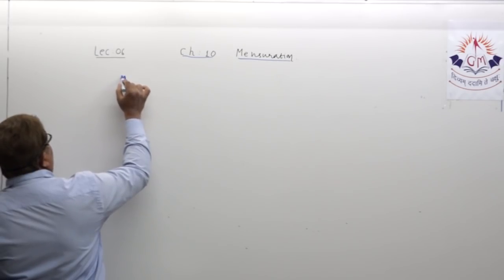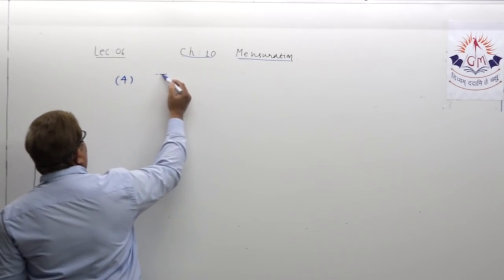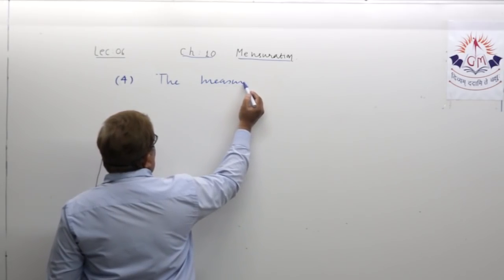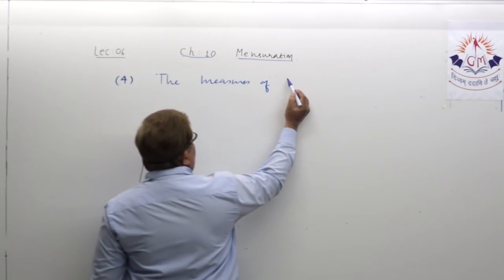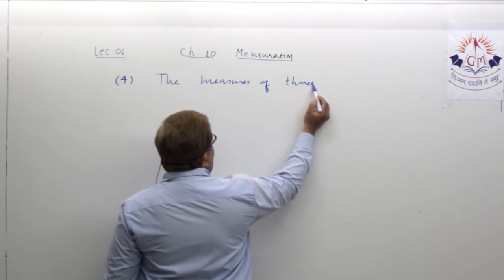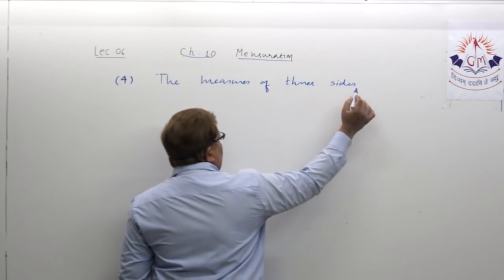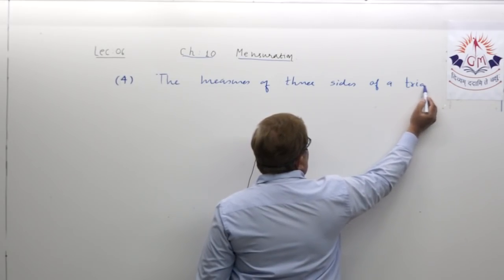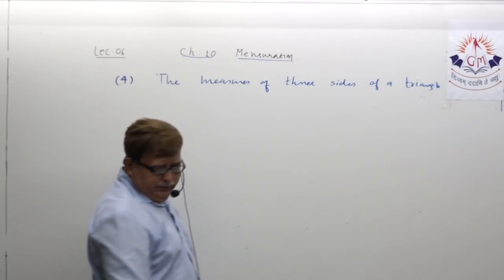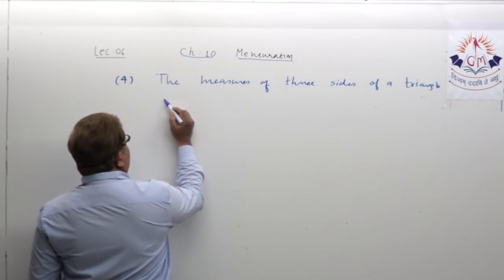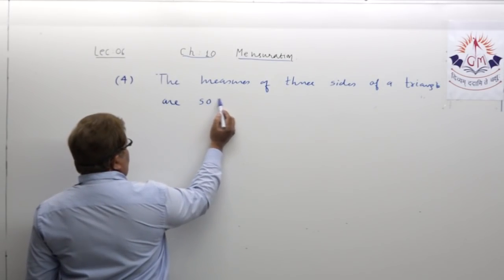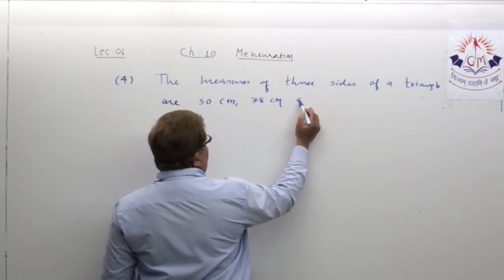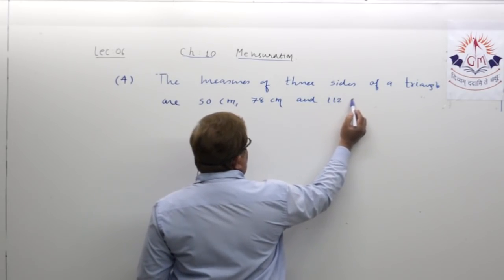It is given that the measures of three sides of a triangle are 50 centimeter, 78 centimeter and 112 centimeter.